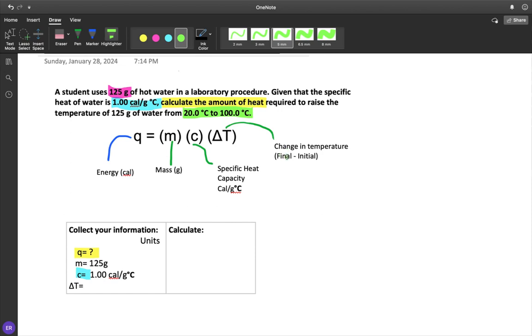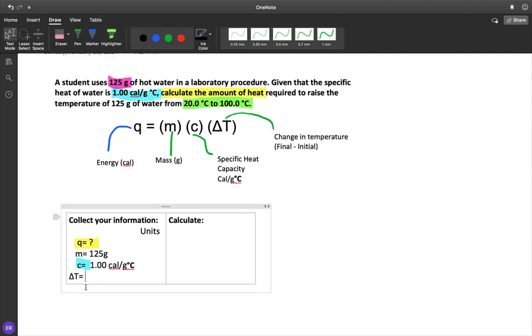We always take the final, or ending, minus the initial, or starting. So the final, 100.0, minus the initial, 20.0. Plug that into your calculator, and you should get 80. So 100 minus 20 is 80 degrees Celsius.